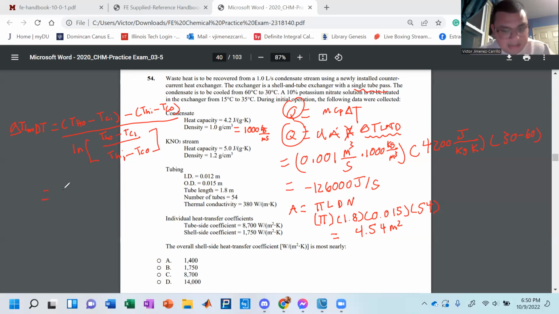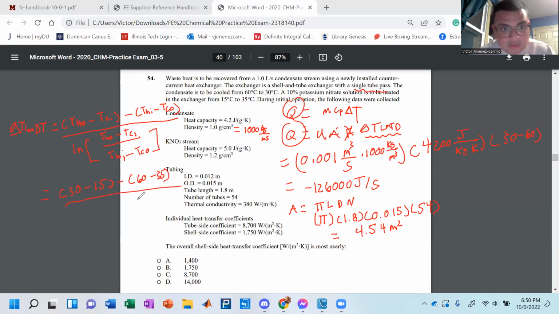So the temperature of the hot side coming in is 30. Or excuse me, the temperature of the hot side coming out is 30, minus the temperature of the cold side coming in is 15, minus the temperature of the hot side coming in is 65, or excuse me, 60, minus the temperature of the cold side coming out, which is 35.